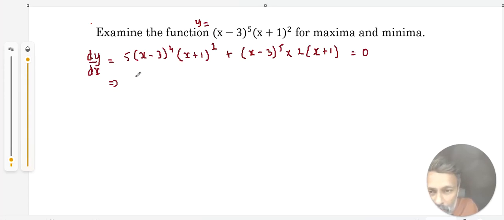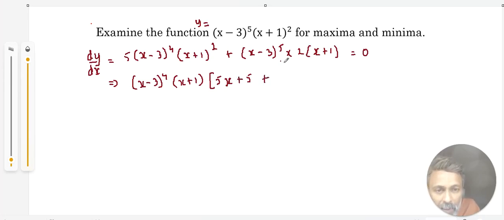Let us take common (x minus 3) the whole raised to 4. (x plus 1) is common. We are left with 5 times (x plus 1), which is 5x plus 5, plus 2 times 1 of the (x minus 3) remaining to be multiplied, because the fourth degree is taken out common.